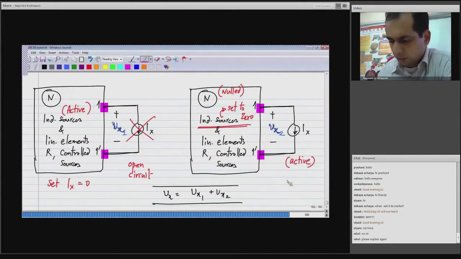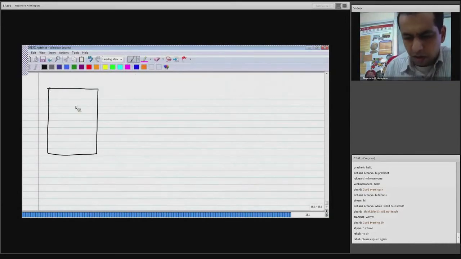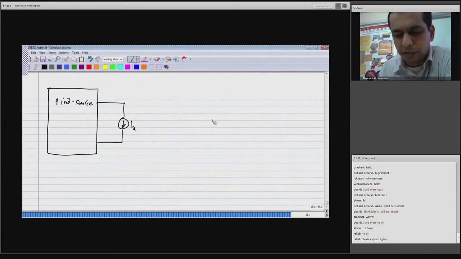Let me just imagine that I have only one source inside, and one independent source outside, which is Ix.